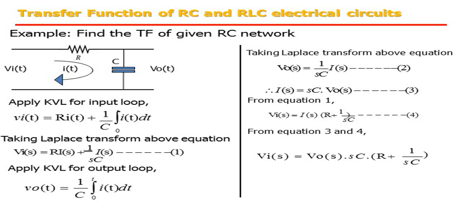Now see equation number 1. Taking I(s) common, we get Vi(s) = I(s)(R + 1/sC), and from equations 1 and 3 we can write Vi(s) = V0(s) sC (R + 1/sC).